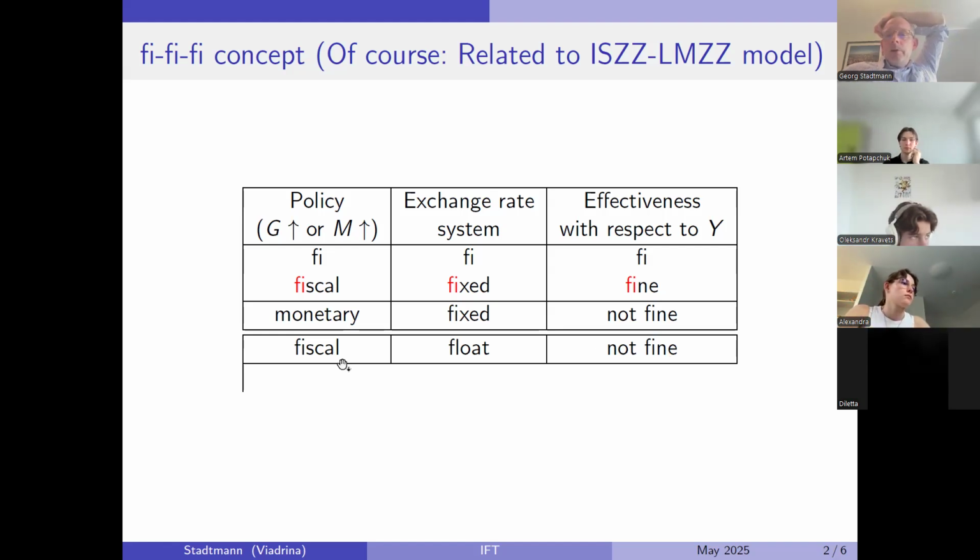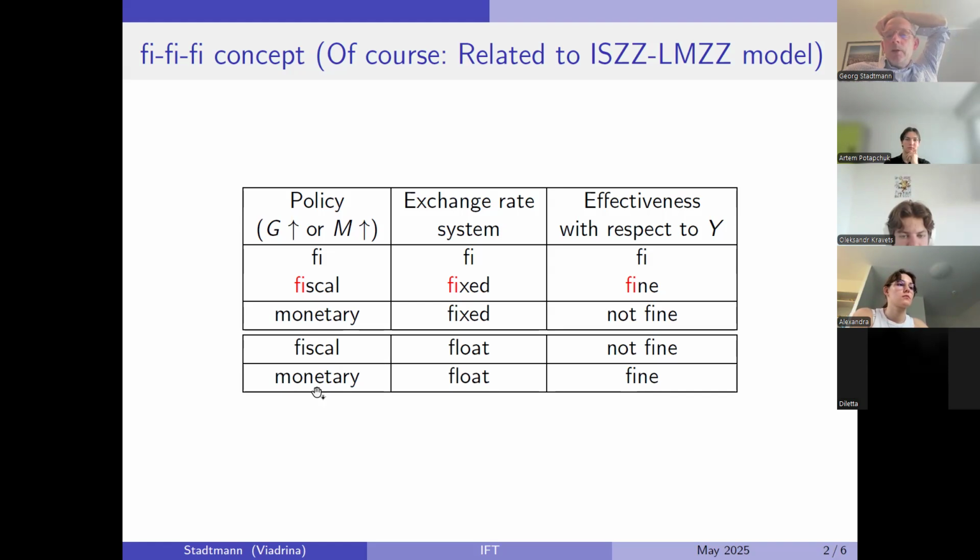In case fiscal policy in a floating exchange rate system is not fine, then the other policy, the monetary policy, works again. So the monetary policy in a floating exchange rate system is fine in order to increase GDP. Why is that? Because when the central bank increases money supply, it leads to a depreciation of the domestic currency.